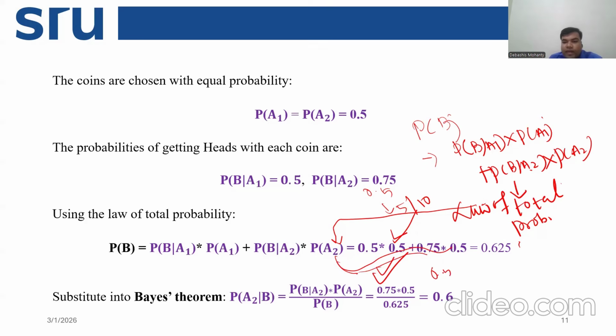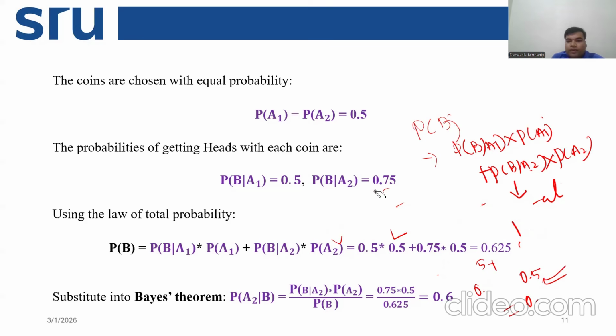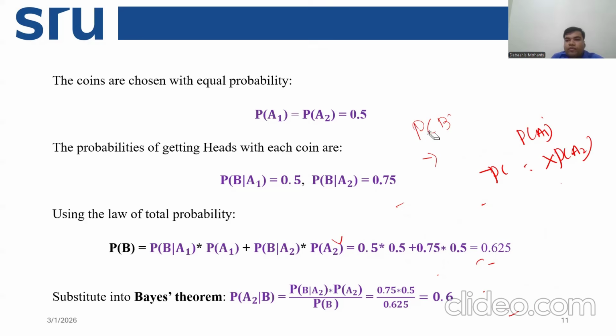So 0.5 multiplied by 0.5 plus 0.75 multiplied by 0.5 gives us 0.625. This is the probability of B, calculated using the law of total probability.